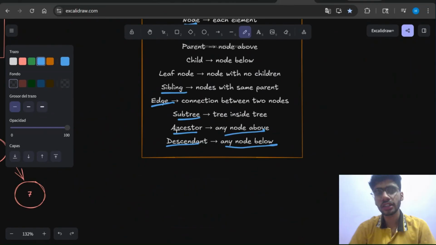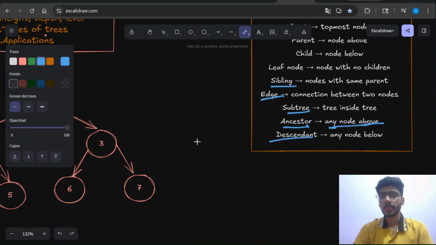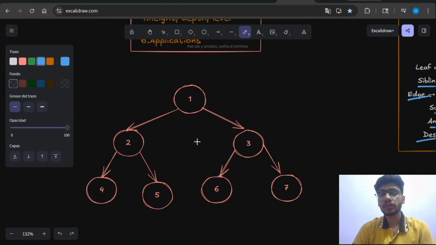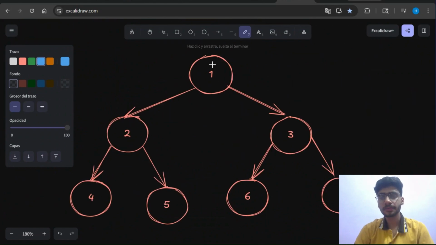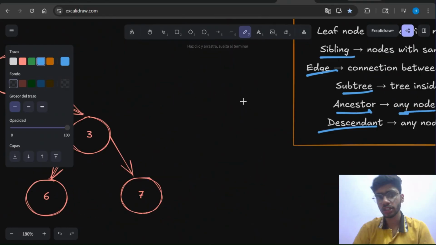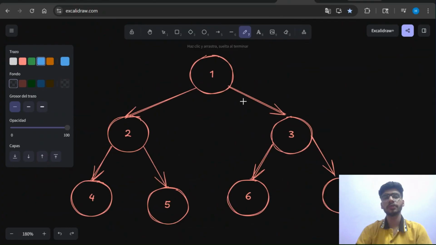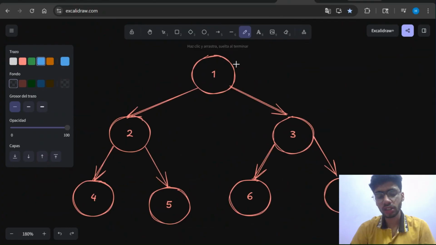And ancestor and descendant. Any node above is called an ancestor of that node, and any node below is called a descendant of that node. Let's see with an example. Here 1 has no ancestors because there is no node above it. 2's only ancestor is 1. 4's ancestors are 2 and 1.